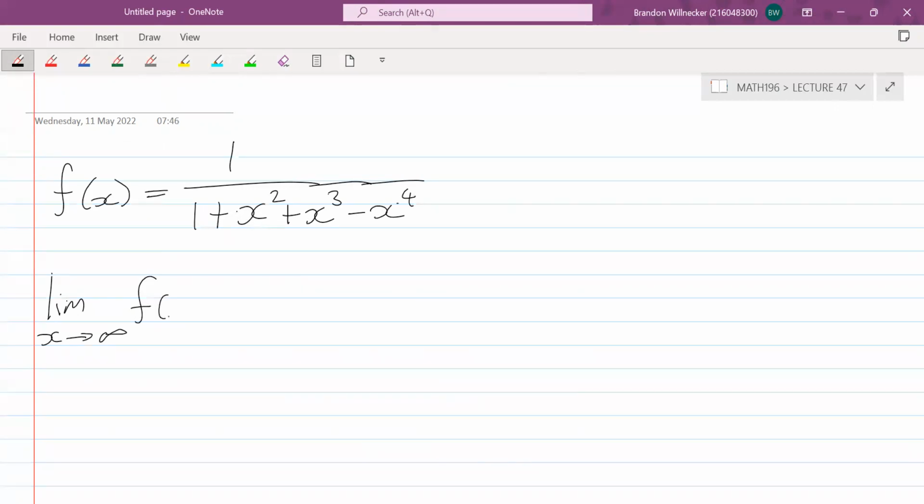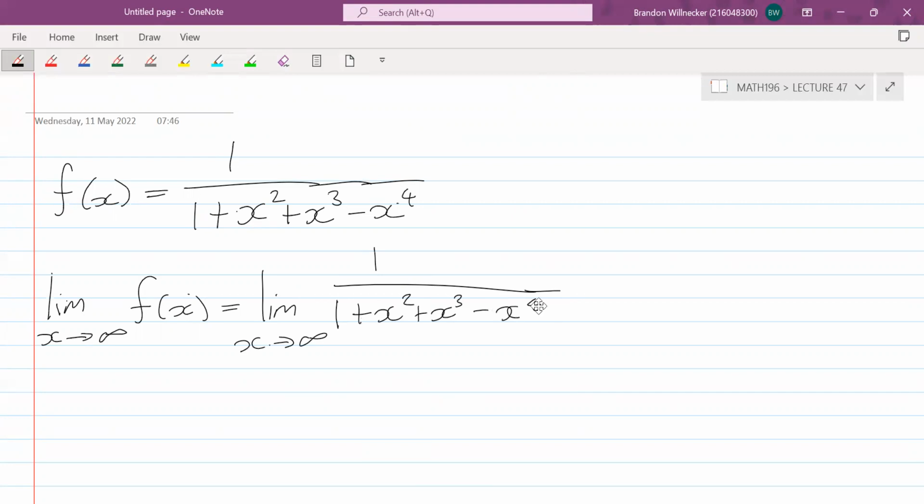Okay, if we do this limit, then that will be the limit as x goes to infinity of 1 over 1 plus x squared plus x cubed minus x to the 4. We see that x is going to get larger and larger as x goes towards infinity, which means this x to the 4 term will be the dominant term in the denominator.